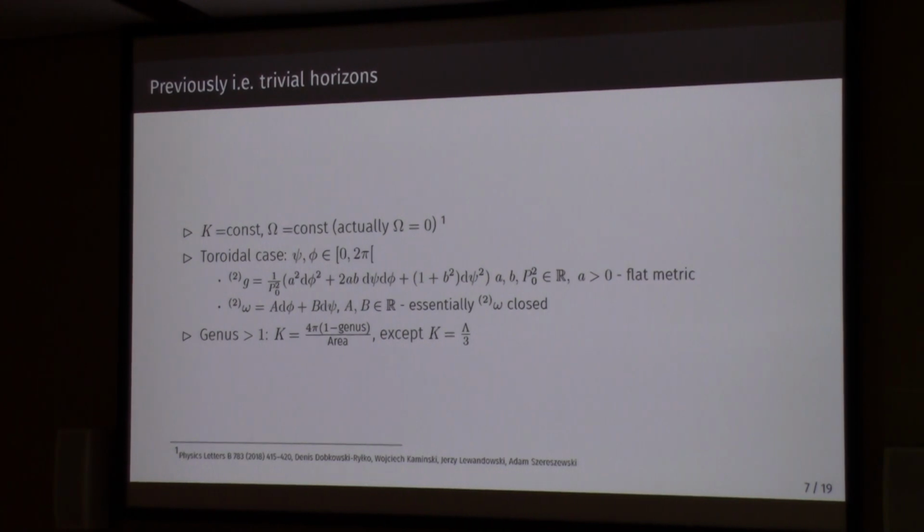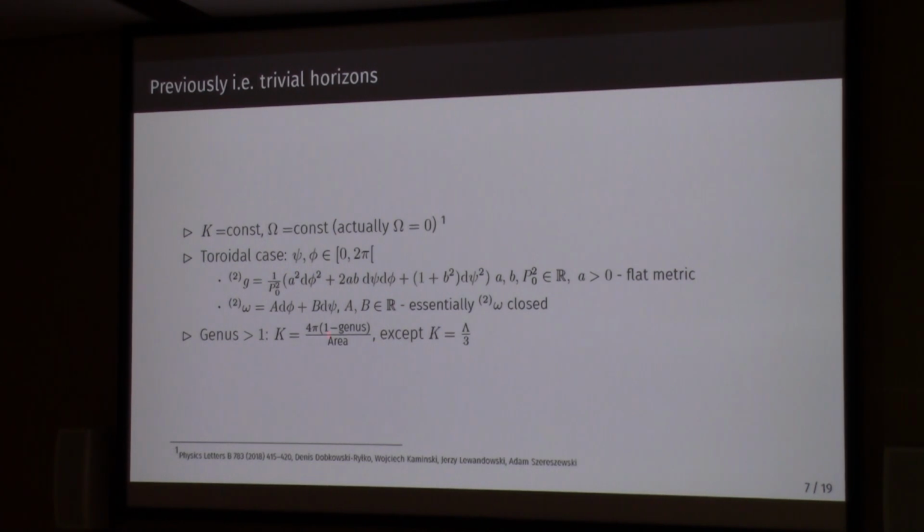So there will be a slight split between the toroidal case and the case of genus higher than 1, but this is mostly due to the fact that with the torus you can actually write some coordinates and do something explicit, which is not so easy in the higher genus case.